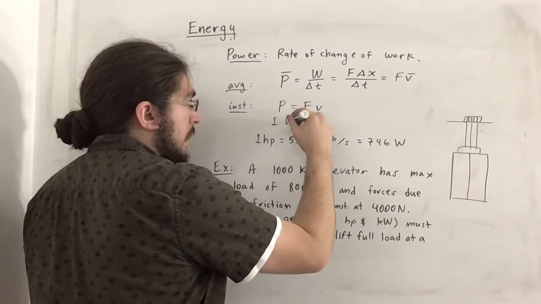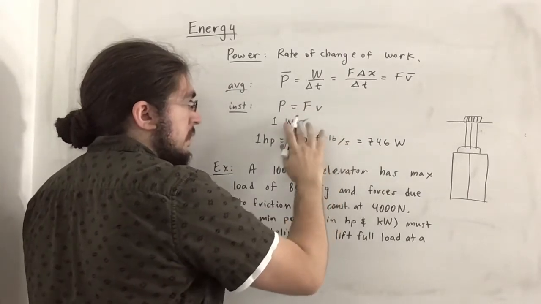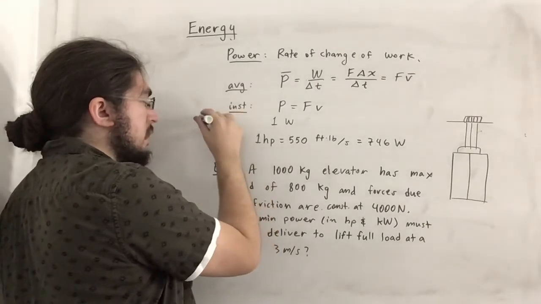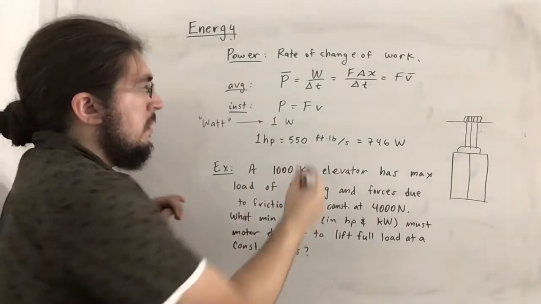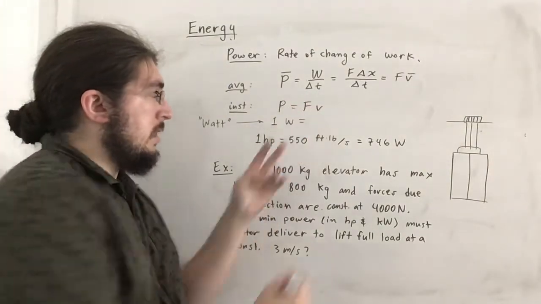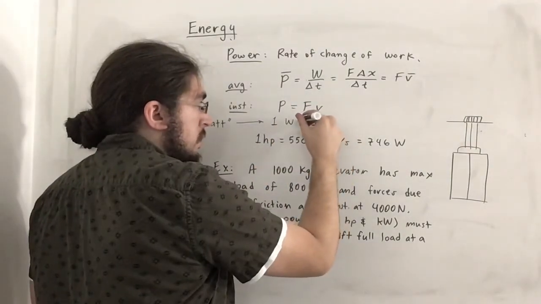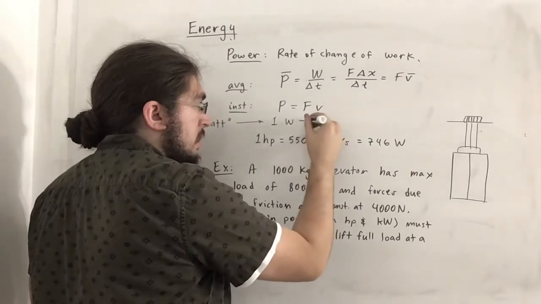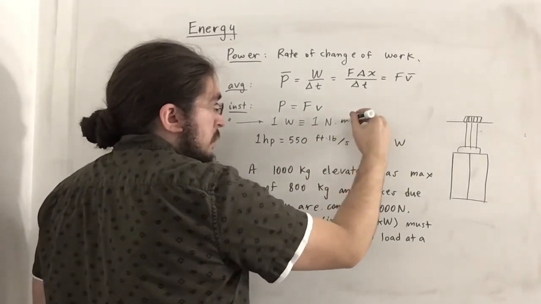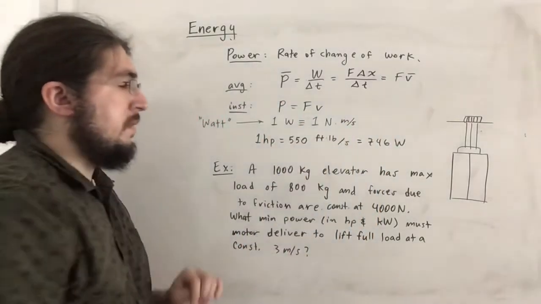Now the unit of power, by the way, is watts. And 1 watt, so let me say W, but of course watt is spelled W-A-T-T, just to show you. And 1 watt, if you look at these units here, is equal to, so we write a 3 bar for definition, 1 newton times meters per second, because of course velocity is meters per second.